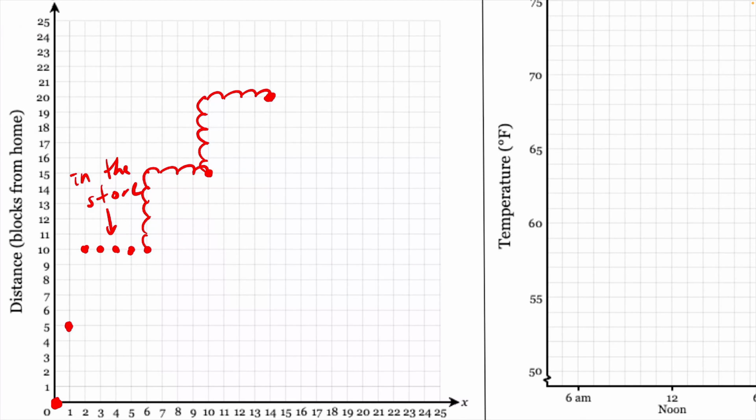Make a dot. She's not there yet. Okay, let's go another 5 blocks, 4 minutes. Now she's there. We know she's there because we said it was 25 blocks away. So she's finally there. She went 5 blocks over, took her 4 minutes. 5 blocks, 4 minutes. Okay?